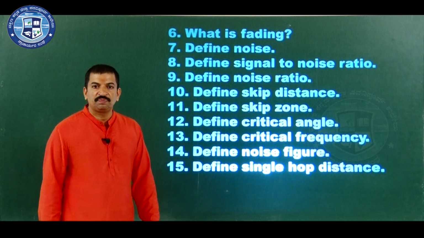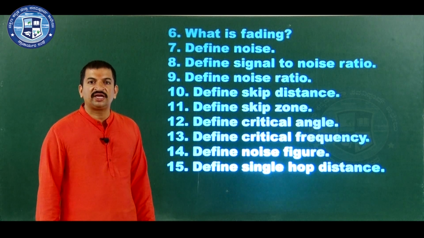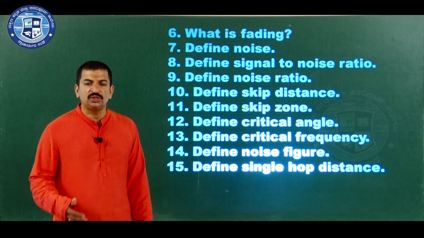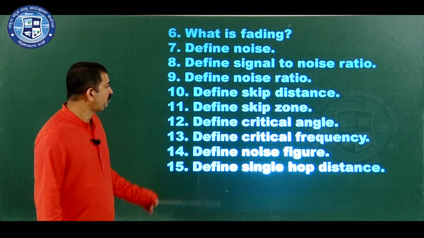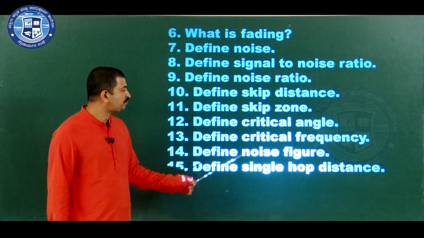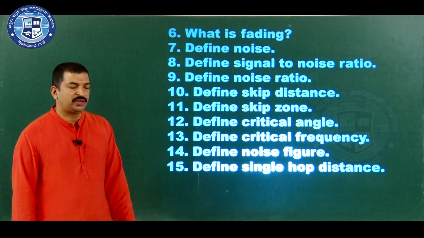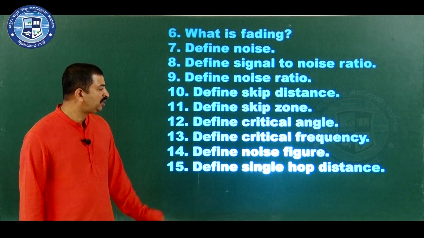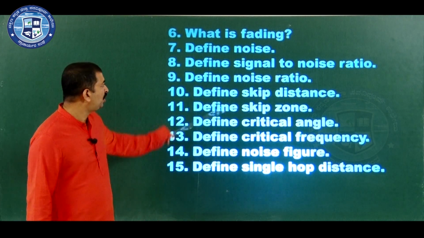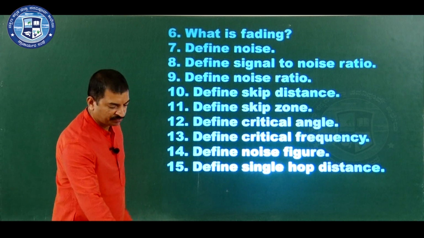Define noise ratio. It is defined as the ratio of signal to noise power at the input to the signal to noise ratio at the output. Define skip distance, skip zone, critical angle, critical frequency, noise figure, single hop distance. These are the important definitions that you can expect in the annual exam.